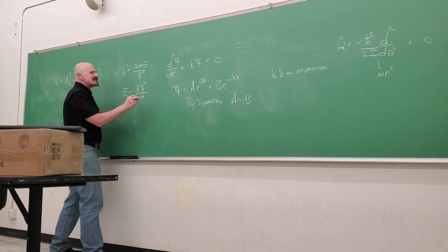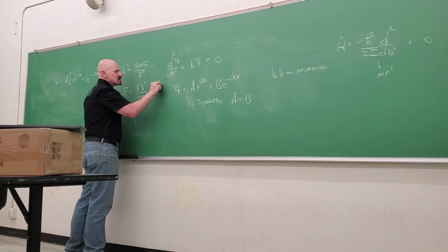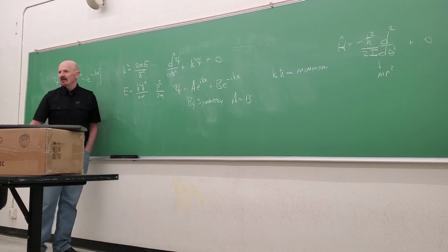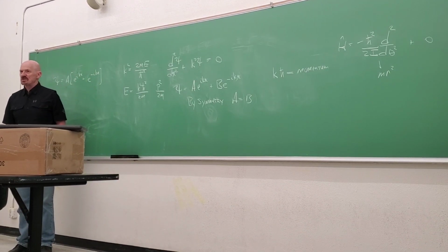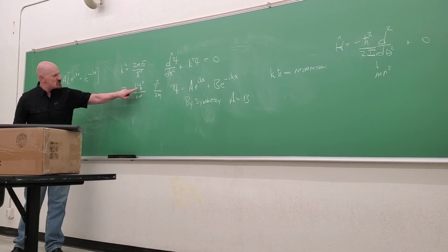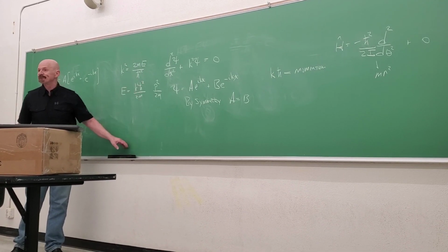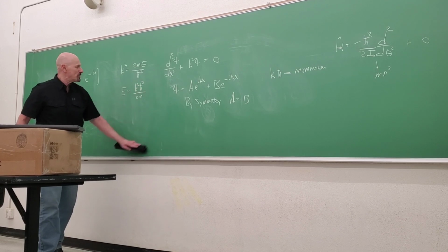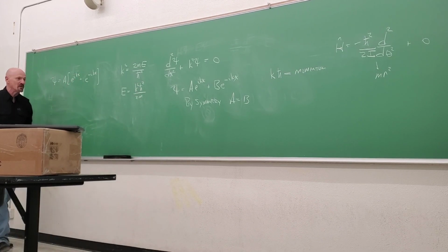Note the similarity to p squared over 2m, which was the kinetic energy expressed in terms of momentum. So my argument then comes again, that k h bar multiplied together is the momentum. Okay, where k is now a wave number, so it's momentum squared over 2m, exactly what that is.